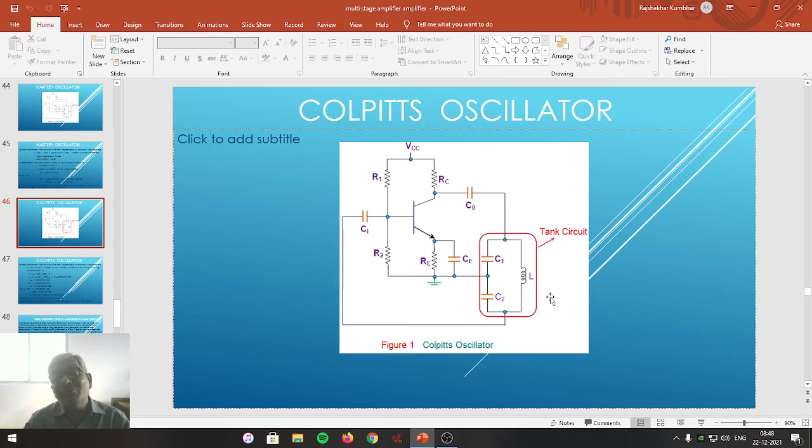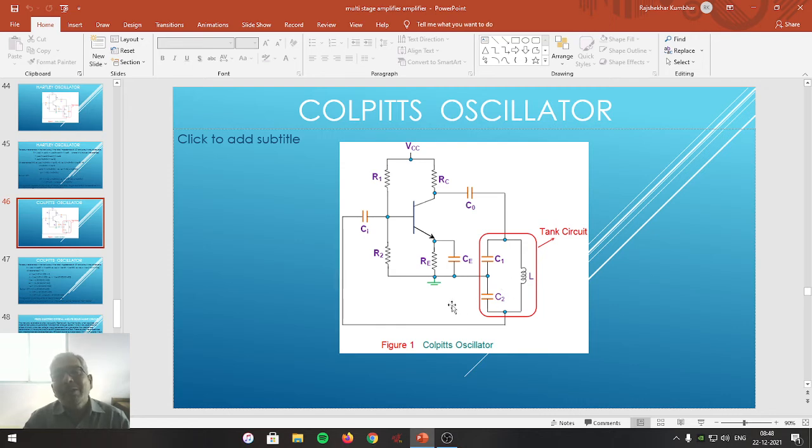If that becomes equal to 0, then in the tank circuit resonance occurs and the maximum frequency is generated in this oscillator. The frequency generated totally depends upon the value of capacitors C1 and C2 and the inductance coil which we have connected in the tank circuit. That's why inductance and capacitance are called frequency deciding components.